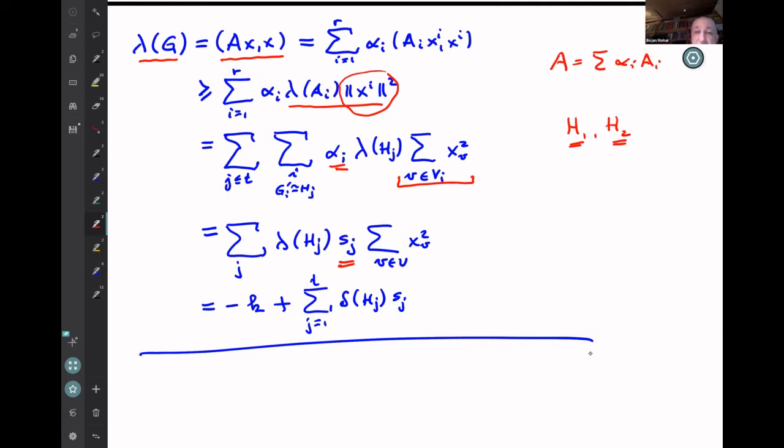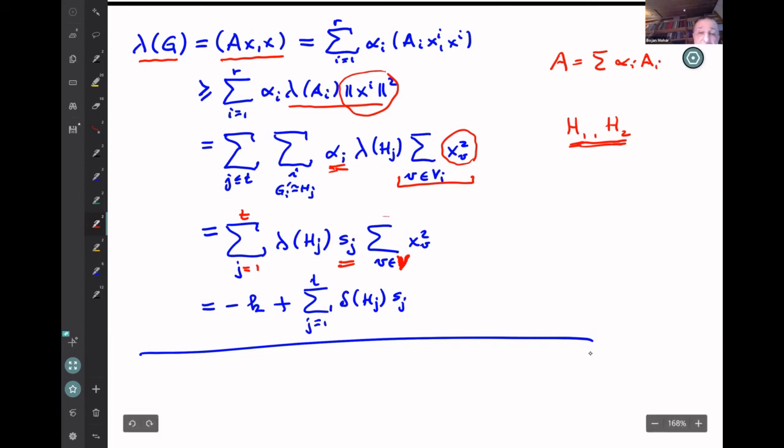So for every v, x_v squared appears S_j times, taking the weights alpha_i into account. This is why we get a different sum, only over the subgraphs H_1, H_2 up to H_t, so j goes from 1 up to t. And here the sum is over all vertices, not over V_i. That's important.